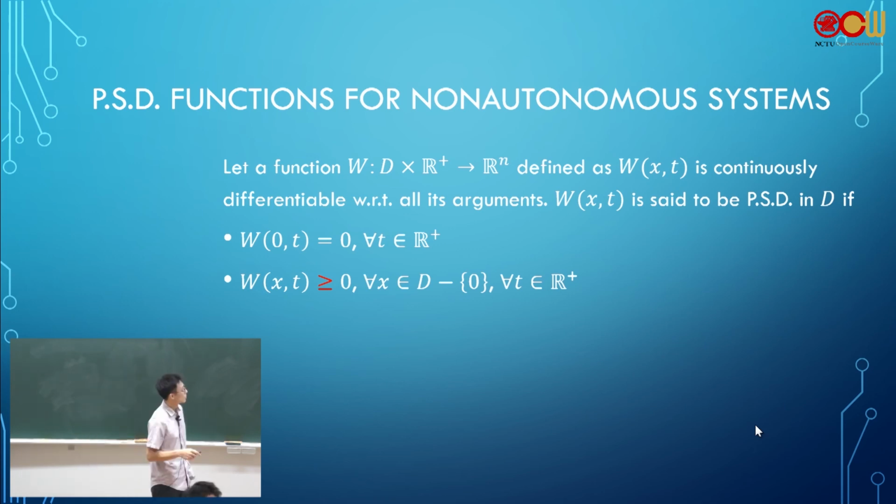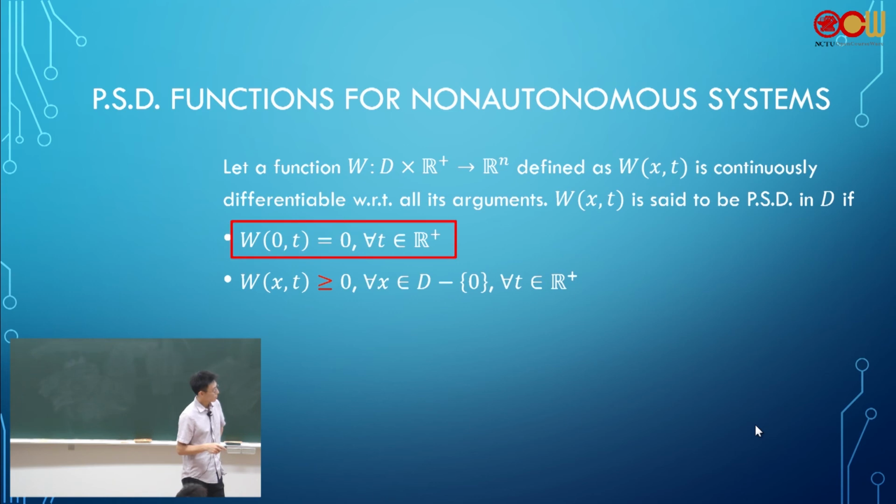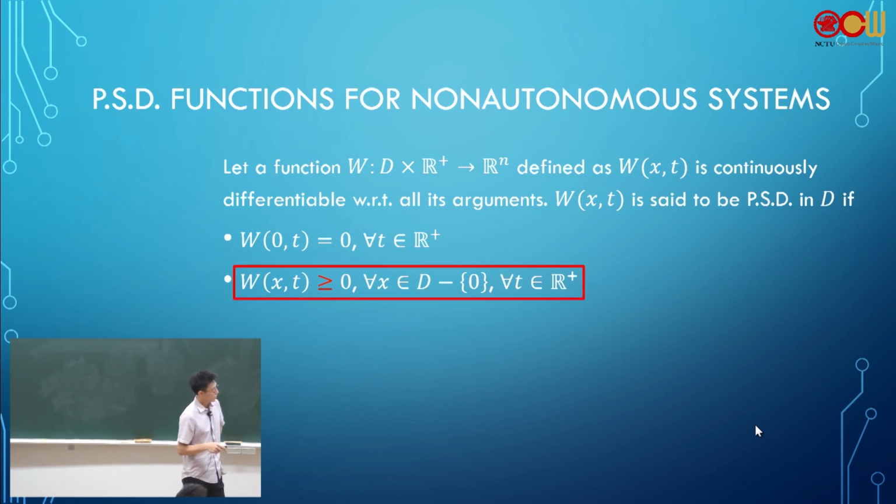So here is a PSD function for non-autonomous systems. W is like a Lyapunov function, which is not only a function of x, but also a function of time t here. The requirement for W to be a PSD function for non-autonomous systems is W is 0 at 0 for all time, and W has to be greater than or equal to 0, even when it's not at the origin.